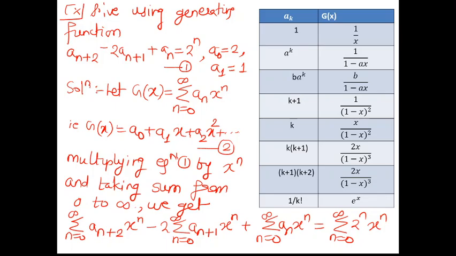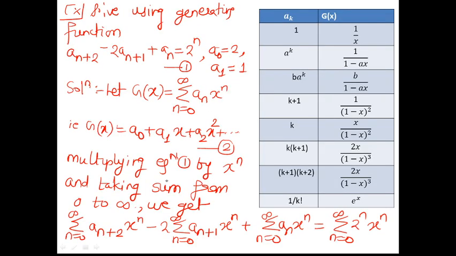So it is a2 into x to the power 0, which is 1. So it is only a2. Then when we put n equal to 1, we have a3 into x, for n equal to 2, it is a4 into x square and so on.